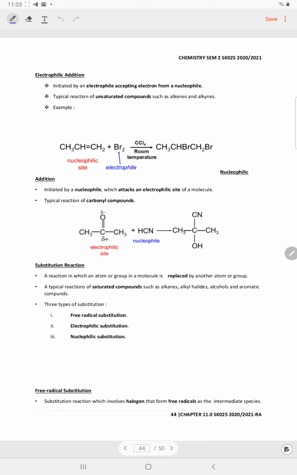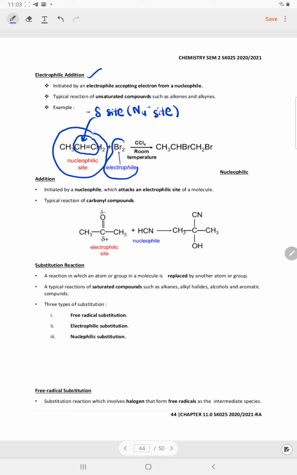So, if it is an electrophilic addition reaction, the first thing you must refer to is the organic compound. What is its functional group? It must be a carbon-carbon double bond. This carbon-carbon double bond can form a partially negative side, so we can label it as a nucleophile site. If we have the carbon-carbon double bond, the type of reaction depends on our reagent.